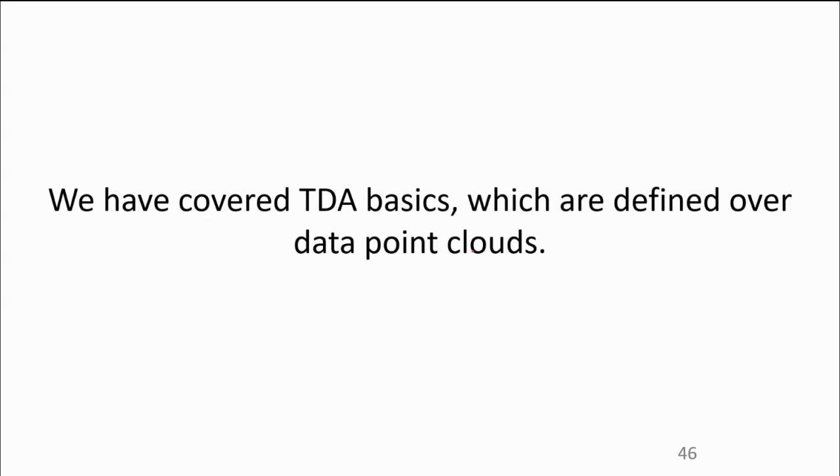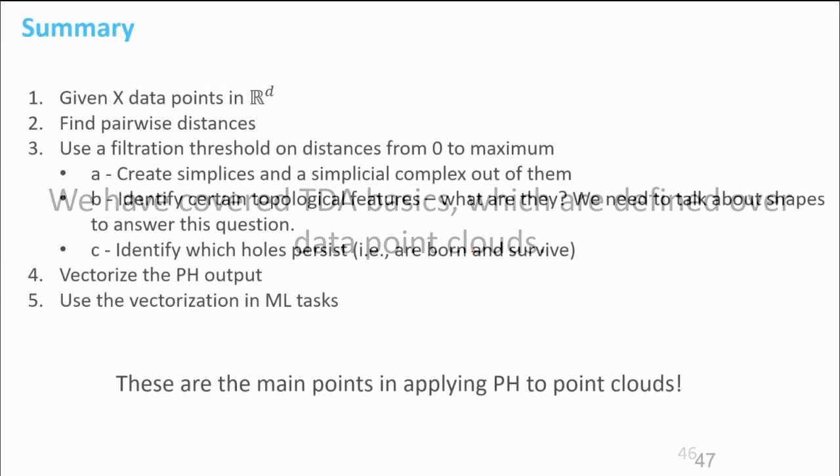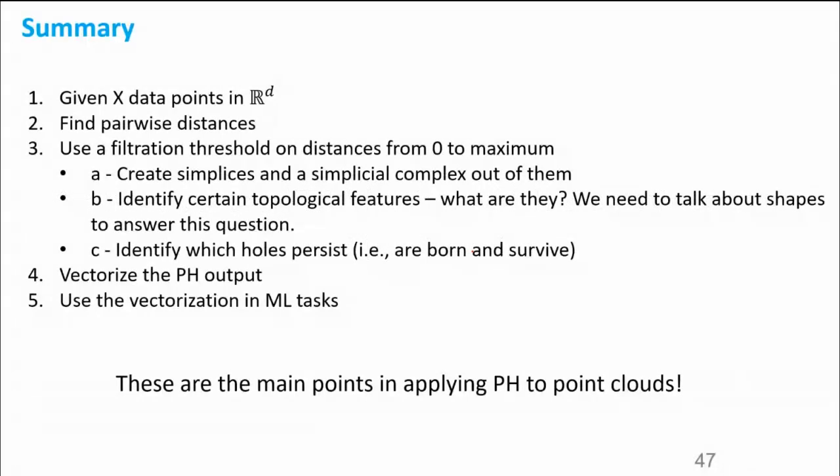So here is a summary of what persistent homology, which is a subfield in TDA, is doing mainly. We are given X data points in D-dimensional space. In this D-dimensional space, we find pairwise distances between data points. And then we use a filtration threshold on distances from 0 to maximum.